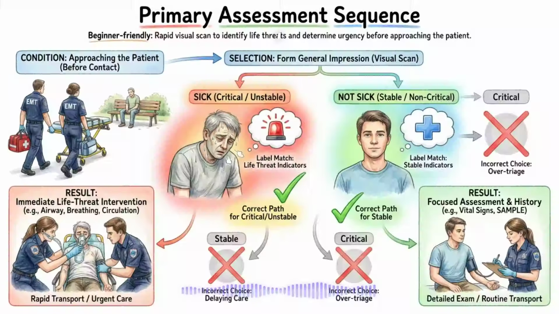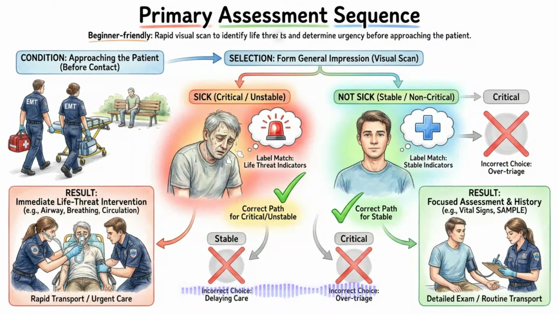The patient assessment sequence is the core framework of an EMT, and it begins with the primary assessment, which is designed to identify and treat immediate life threats. As you approach the patient, you will form a general impression, noting their age, sex, level of distress, and overall appearance before you even speak to them.